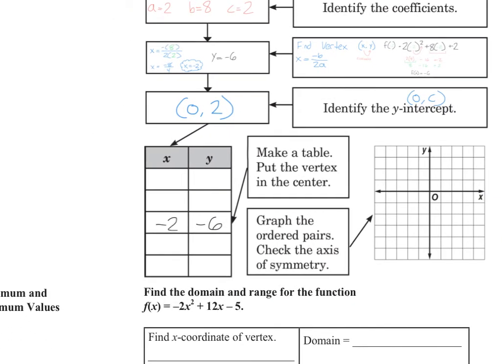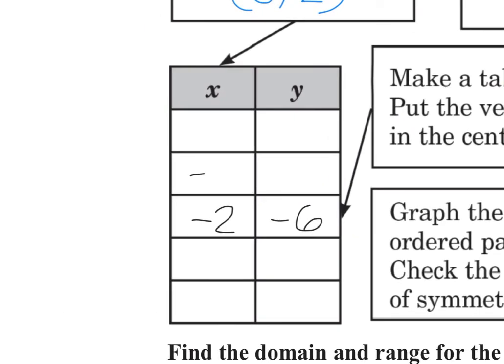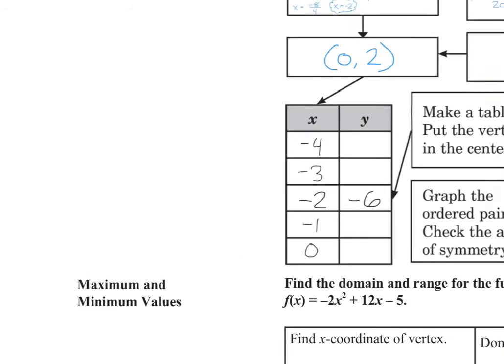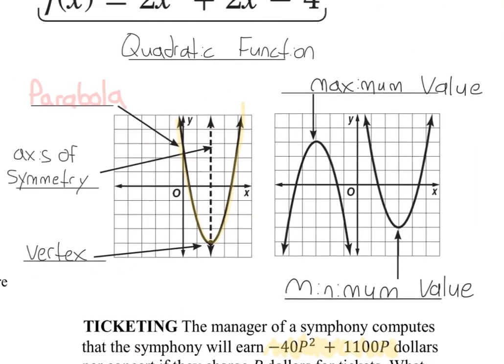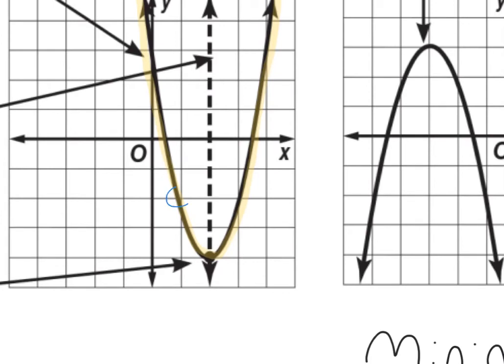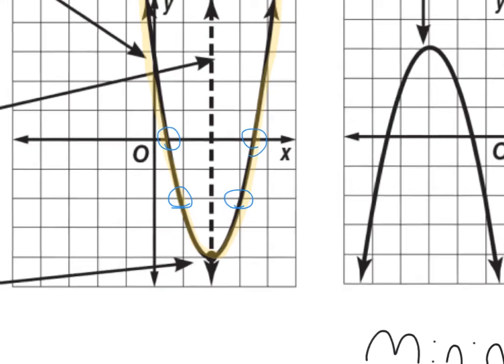As far as making the table is concerned, we'll just want to fill in some more values. I'm going to count down by 1, and I'll also count up by 1. So you can see in this box where it says graph the ordered pairs, check the axis of symmetry. The axis of symmetry is the dotted line that travels through the parabola, dividing it into 2 equal halves. And notice that on both sides of the axis of symmetry, your y-coordinates are the same.